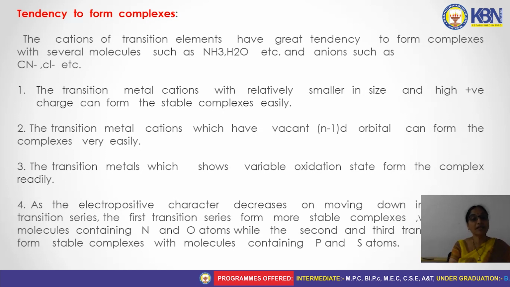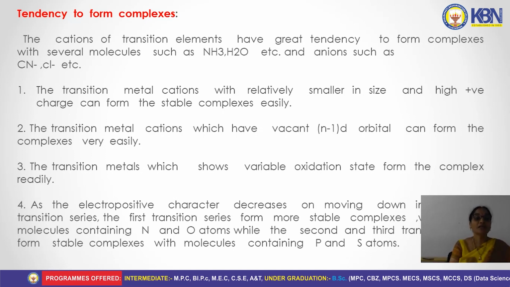Cations which have vacant n-d orbitals can form complexes very easily, and transition metals which show variable oxidation states can form complexes readily. Because of their electropositive character, which decreases on moving down the group and increases from left to right, the transition elements can form stable complexes with molecules containing nitrogen and oxygen.